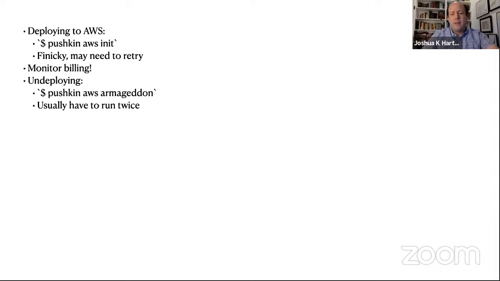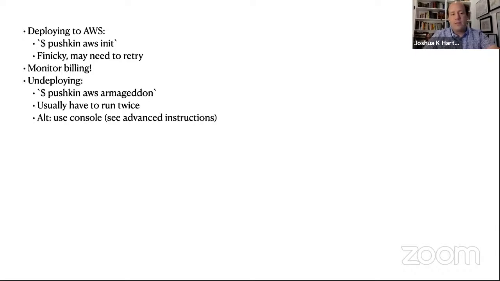Some of them depend on other ones, so some you can't delete until the other ones have finished deleting. We have some parts of AWS Armageddon that just wait, but it was easier for some of the things that take longer to delete for you to just run it twice. So you'll just wait a few minutes and try again.